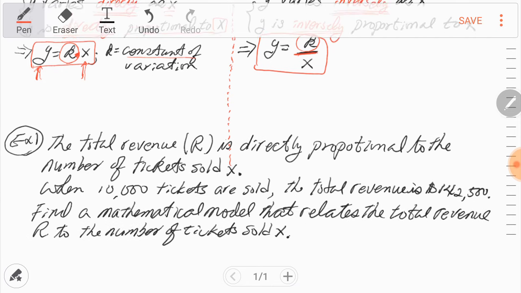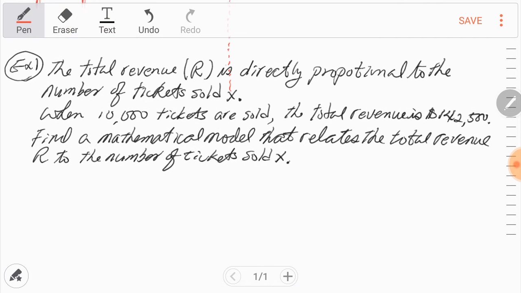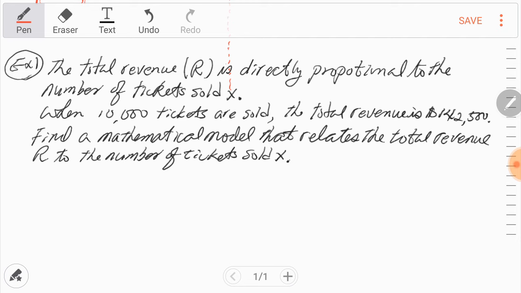So let's check exercise 1, example 1. The total revenue is directly proportional to the number of tickets sold. Here's a "directly," so this is a direct variation. So we can write R equals k times x, since R is directly proportional to x.